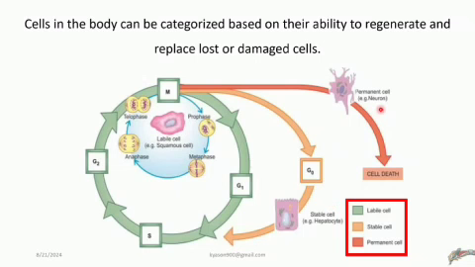Then we have what we call permanent cells. These are cells that don't undergo cell division once they are fully differentiated. For example, I've mentioned the neurons, the cardiac muscle cells, the skeletal muscle cells. Those cells are permanently differentiated.